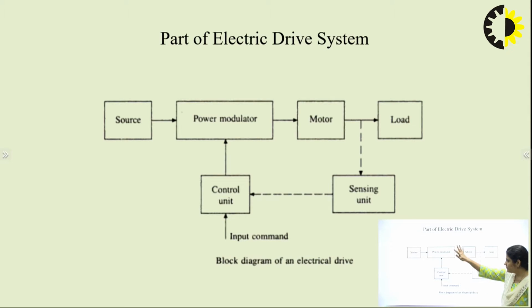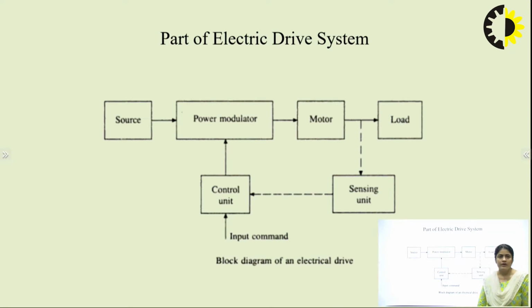So these are the parts of an electric drive. Even though all the blocks are important for the drive system, this power modulator is the heart of this drive system. Also, depending upon the load requirement, you can choose the motor.